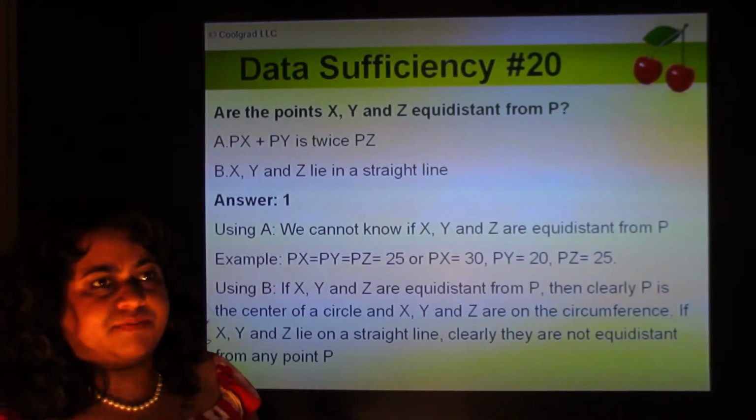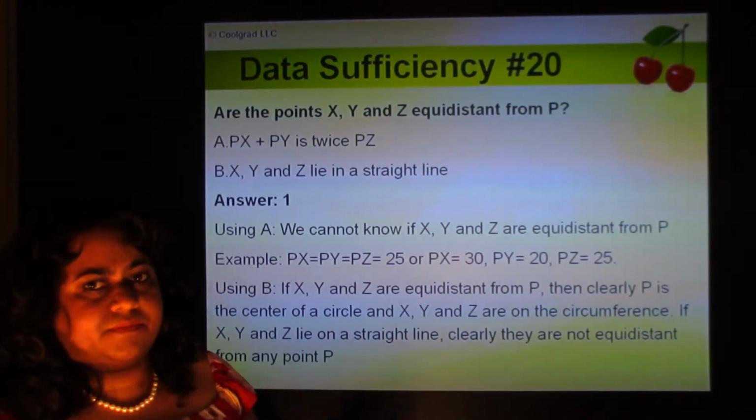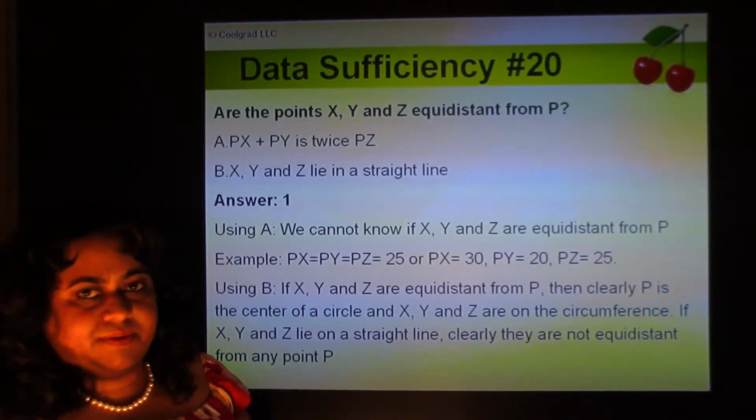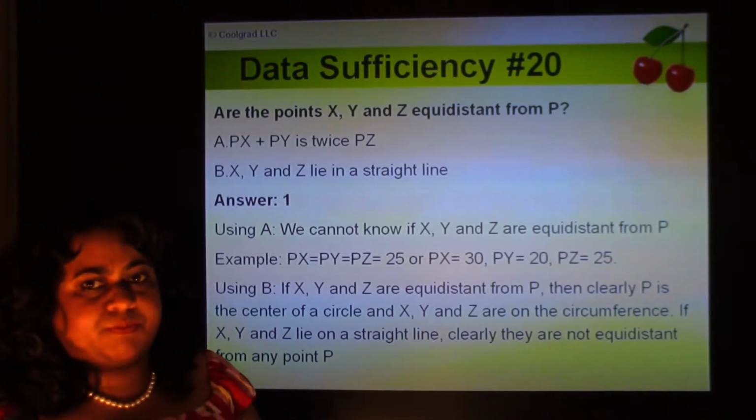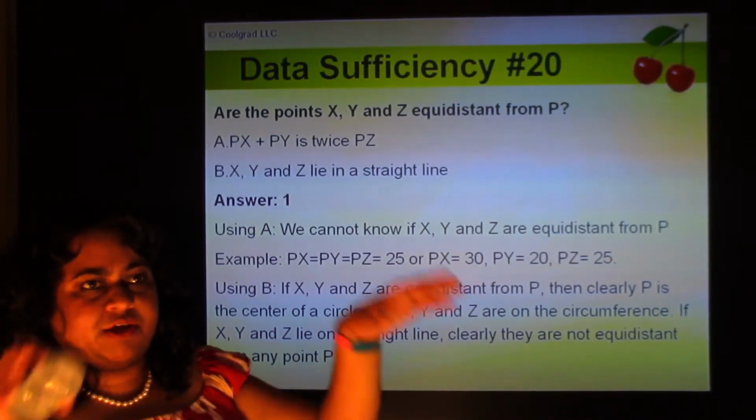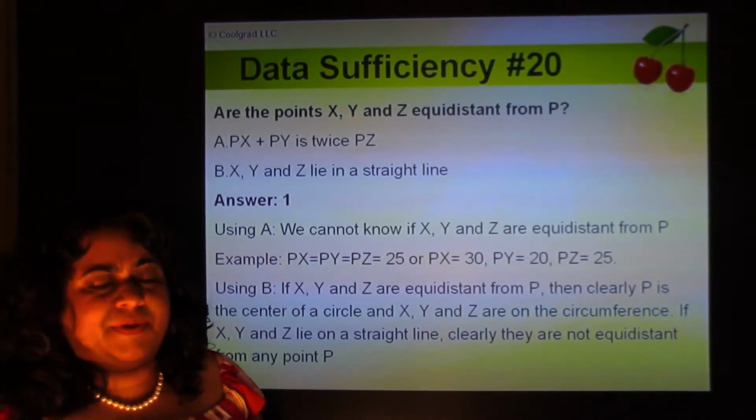We just have to position them such that we can draw a circle around them. So any number of points, if they are equidistant from a central point P, it means that they all lie on the circumference of the circle and P is the center of that circle.